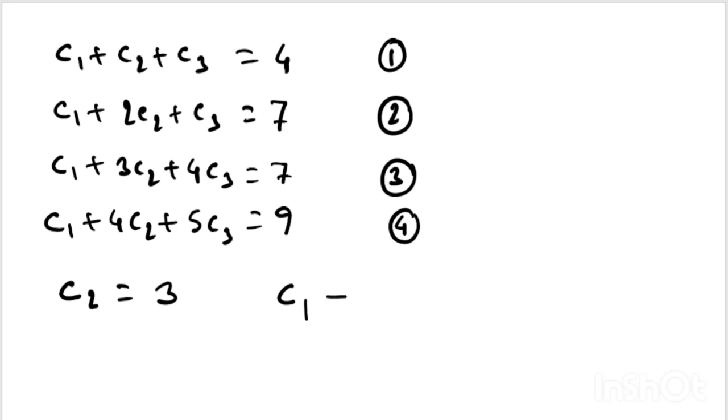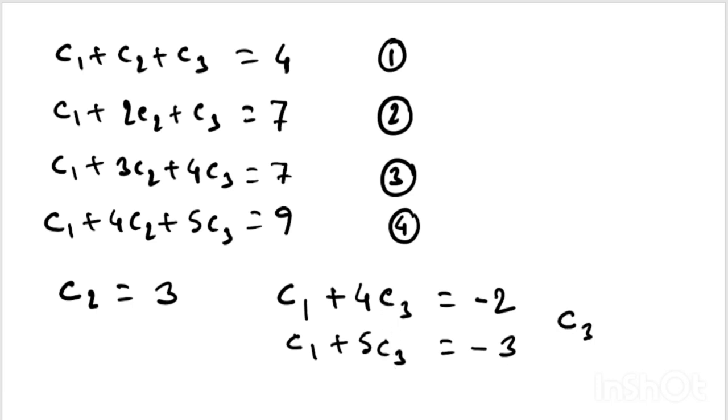C1 plus 4C3 is equal to 7 minus 9 minus 2. Then the second equation, C1 plus 5C3 will be minus 3. So from these two equations we can get C3 is equal to minus 1.